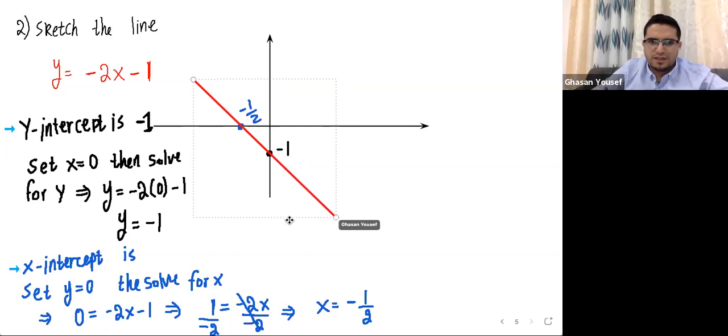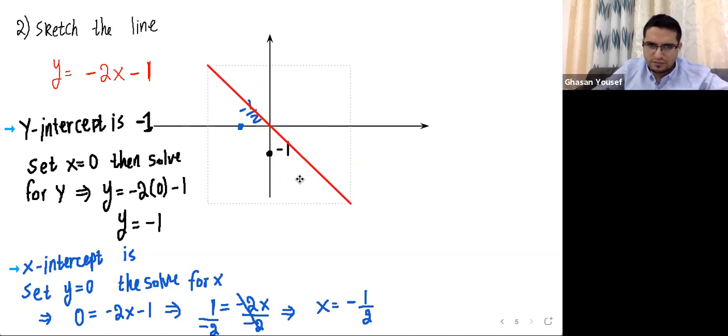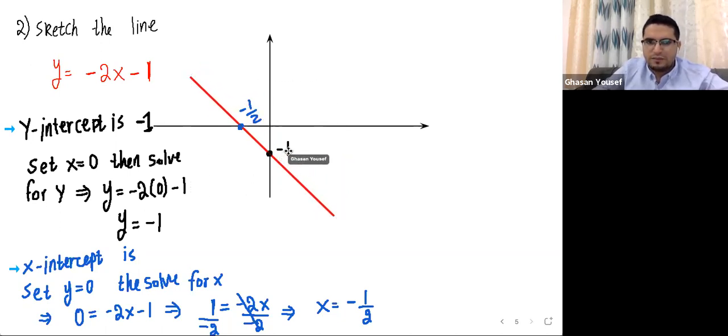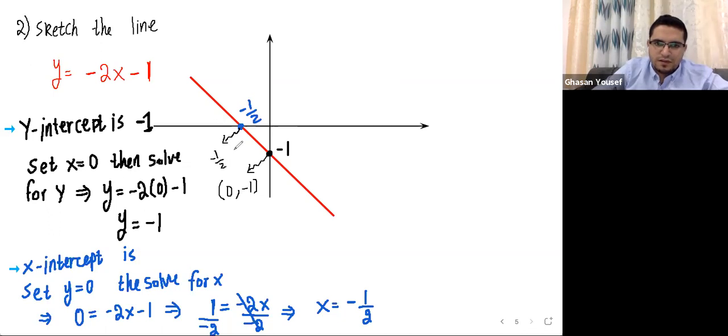But because we know the x-intercept and the y-intercept, the line will be something like that. It's not through the origin. This point is 0 comma minus 1, and this point here is minus 1 half comma 0. Any question?